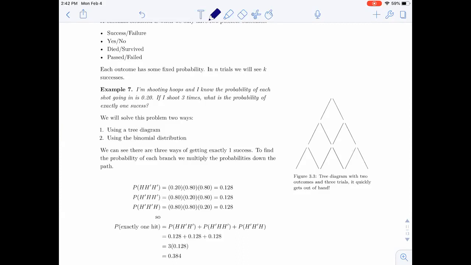The tree diagram, I just kind of did a generic one here. You can see how it quickly gets out of hand. Right here, we're looking at just 2 outcomes each trial. And so 2 outcomes, that's a binomial situation. And so first trial, and then second trial, third trial, fourth trial.